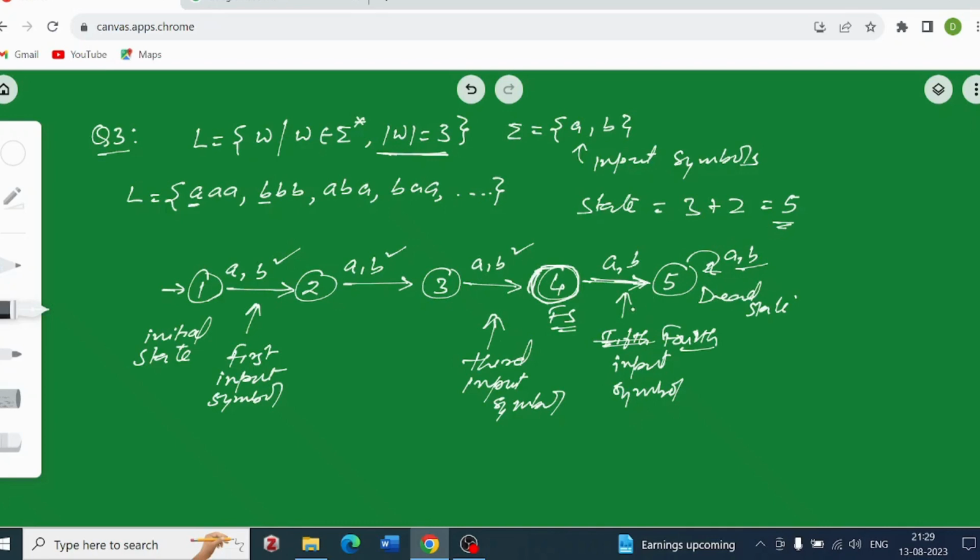So this is the state transition diagram whose language contains all those strings which belong to sigma star and whose length is exactly 3. I hope this example is clear to you.